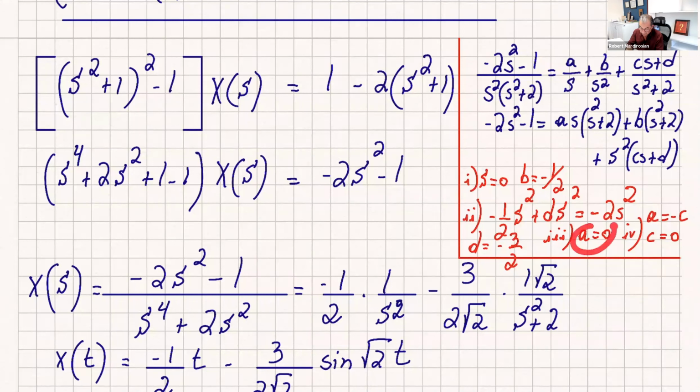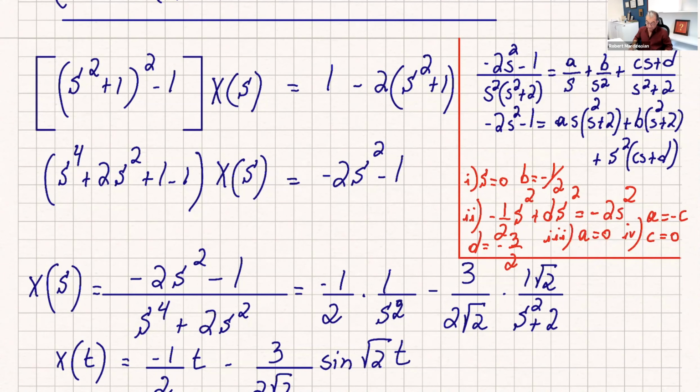So you know a will be 0, and you know that the powers of cube you have here, as times s squared is as cubed, and the s times cs is as cubed, and these are the only ones that have cubed. So you know a plus c equals 2. There is no cubed on this side, 0. So a equals to negative c. Basically, c will be 0 also.